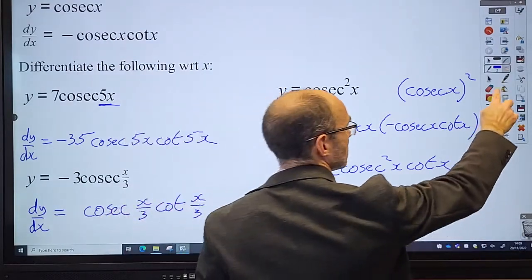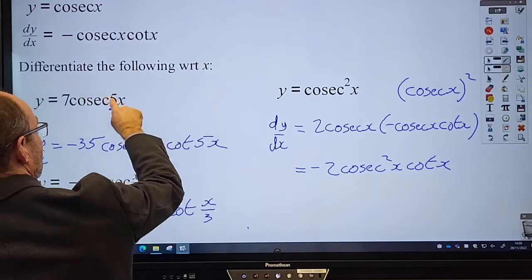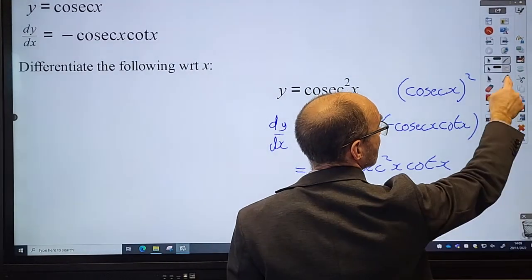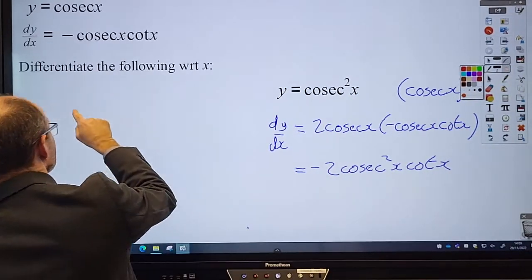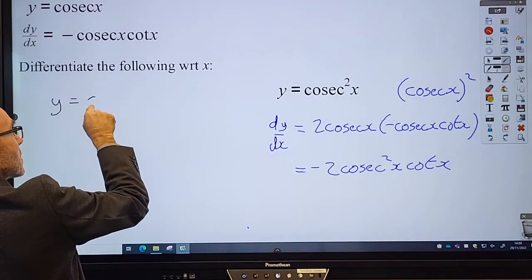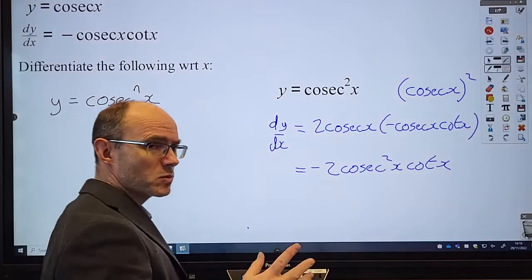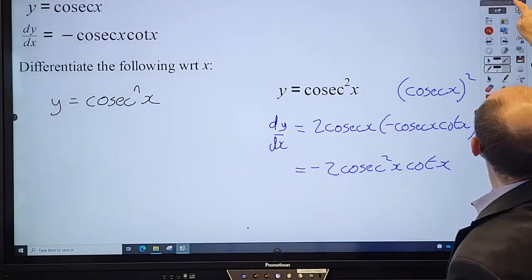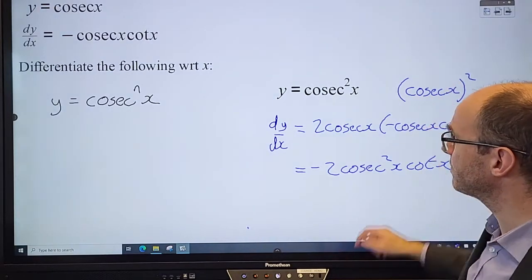Okay. Right, what we're doing next is we're going to have a look at the general result of when you differentiate, I think you can see what's coming up, cosec to the power of nx. So y equals cosec to the power of nx, and we'll see what we get. Similarly, you can write it as cosec x to the power of n.